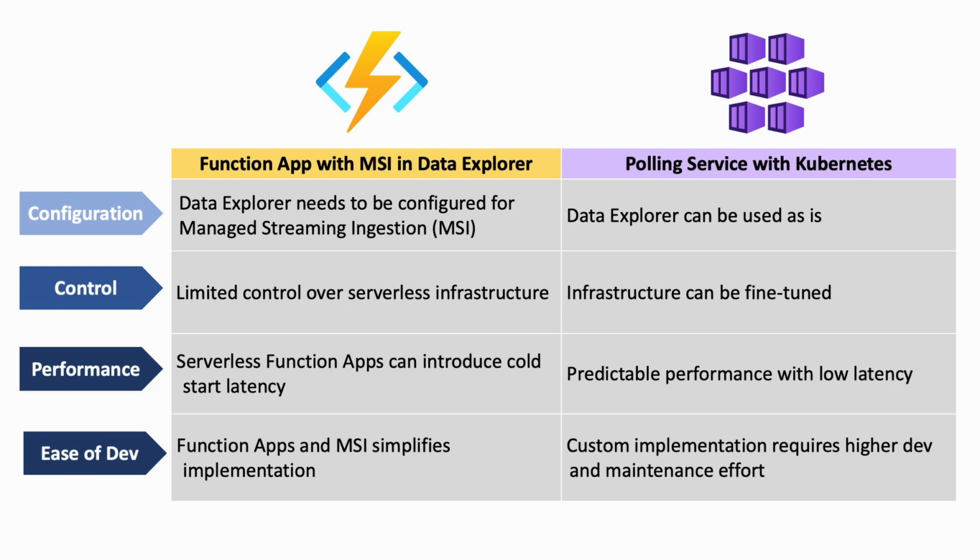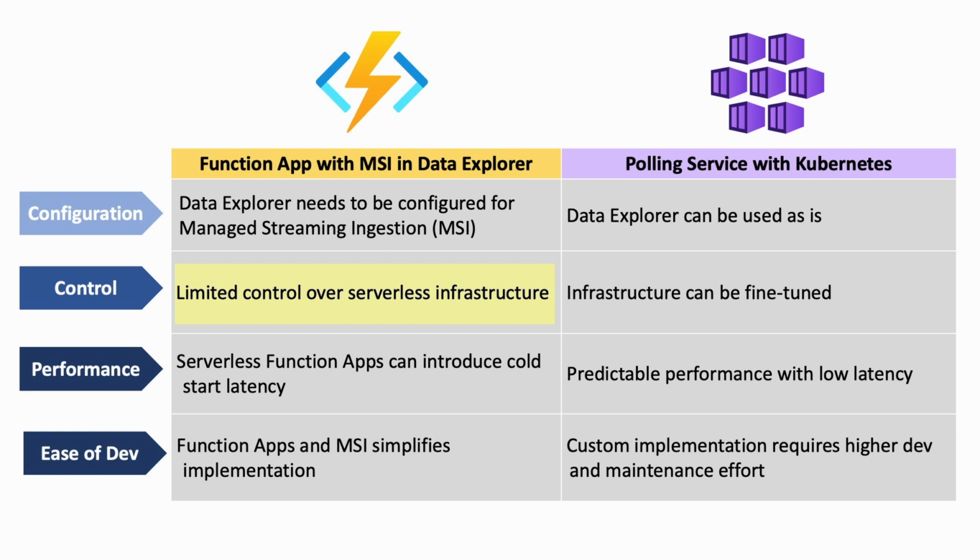The first option talks about the flow using function app with managed streaming ingestion or MSI in Azure Data Explorer. Data Explorer needs to be configured for MSI. MSI in Azure Data Explorer is designed for real-time data ingestion. It simplifies the process by handling the buffering and ingestion of data, reducing the complexity of the implementation. In a serverless environment, you have limited control over the underlying infrastructure.